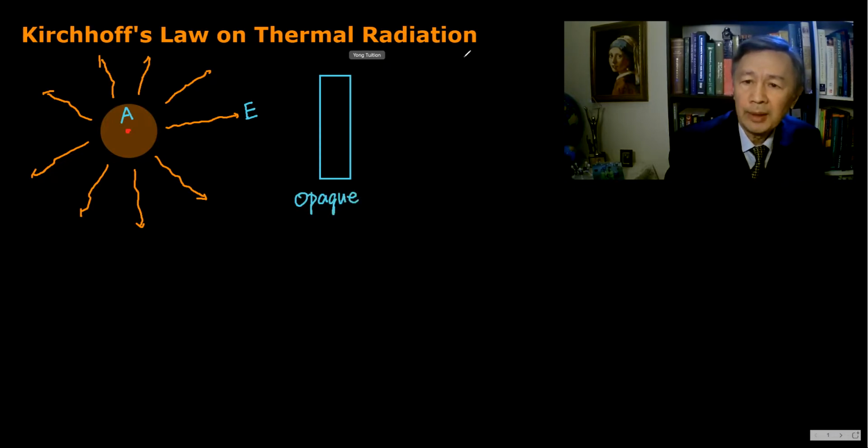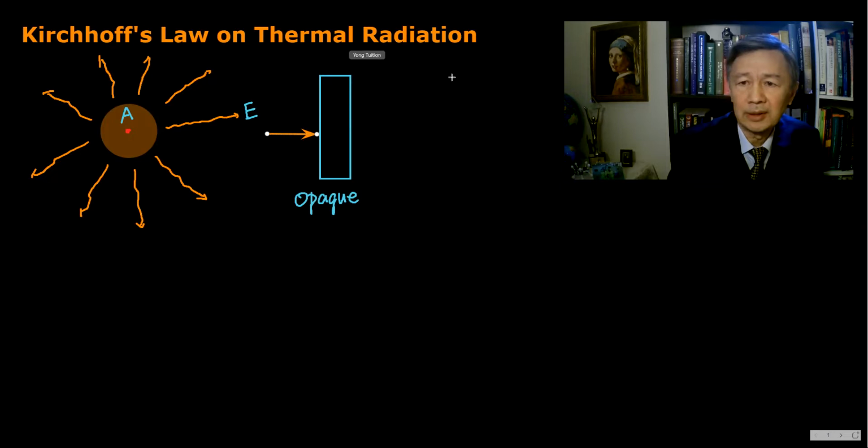When I say opaque, I mean that there is no transmission. So if we indicate the incoming radiation coming to this object, and it is opaque, the transmission will be 0. There is no transmission, but reflection will occur, right?